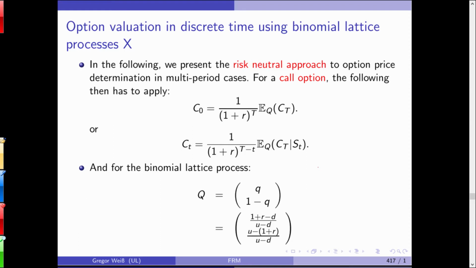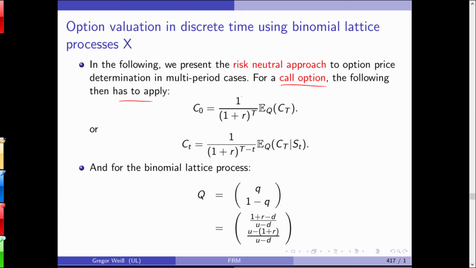Now, next, we want to do it in a risk-neutral approach. For a call option, we know that in risk-neutral pricing, the call price is given by the discounted expected value of all future payments. Now we know the future payments. These are SU minus the strike and SD minus the strike, and the maximum of it and 0.